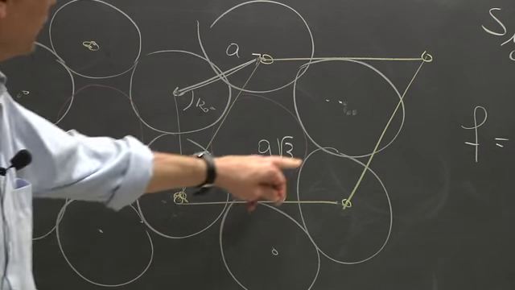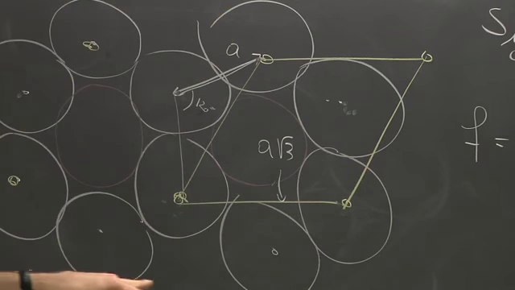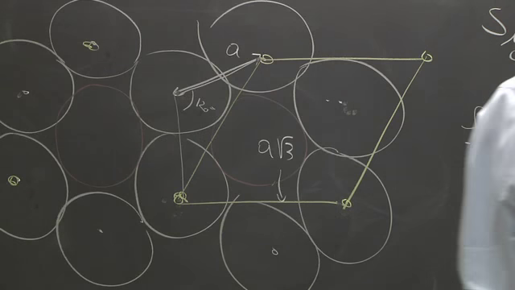If I remove the red ones out of a triangular lattice, how many spheres am I removing on average? I'm removing 1 out of? 1, 4, 5. Come on, that's geometry.